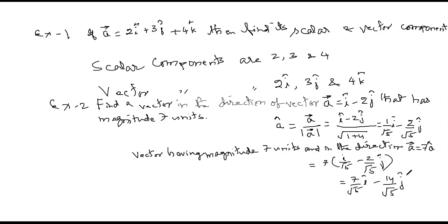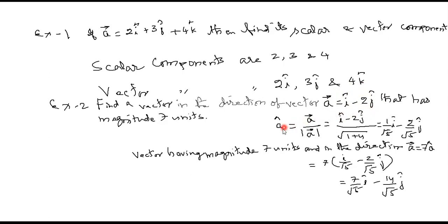So like this, we can find any vector in any direction which has a different magnitude. In the same direction of this vector, we can find any vector with a different magnitude. This vector A, equal to i minus 2j, has magnitude under root 1 square plus 2 square, which is under root 5.